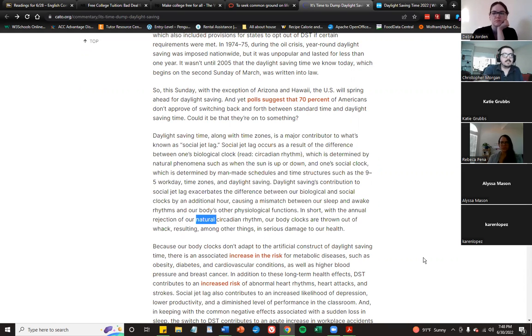Quite frankly, all schedules are somewhat artificial. So this idea that there is one true natural circadian rhythm is a little bit disingenuous and kind of an oversimplification. But they're telling us a story about what happens when we reject the truth to our bodies, and that's pathos. And I would argue fallacious, but that's fine.